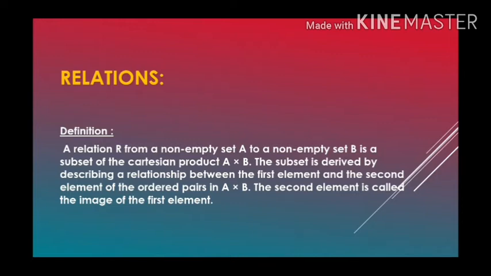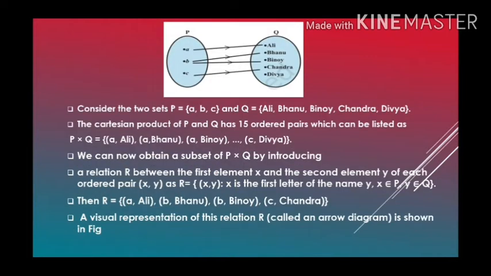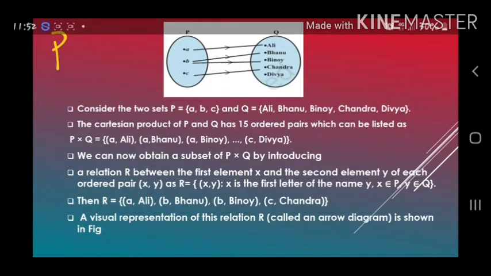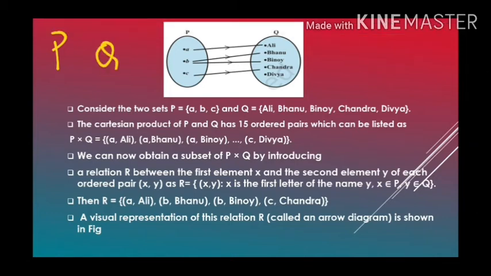A relation R from a non-empty set A to a non-empty set B is a subset of the Cartesian product A cross B. Now check the previous example. Here P was a non-empty set and Q was also a non-empty set.